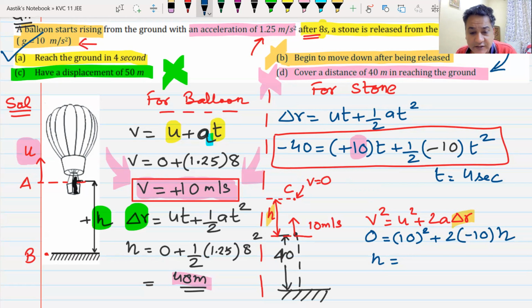We get it as 5 meters from this equation.